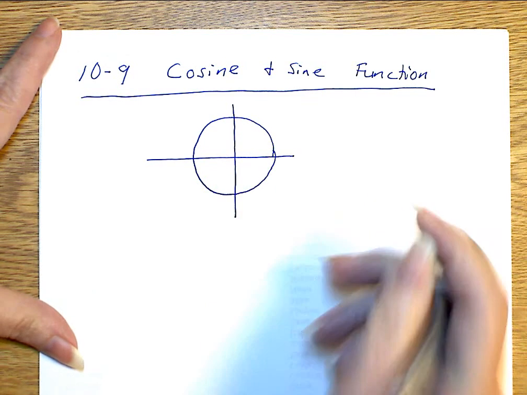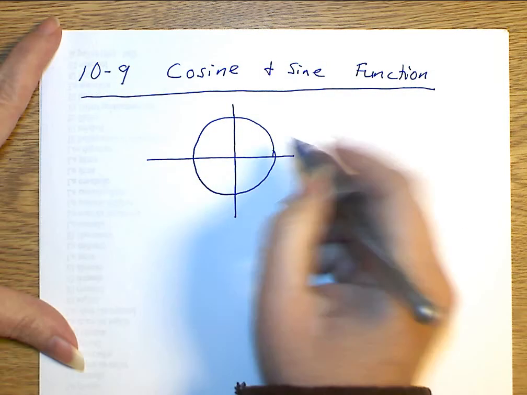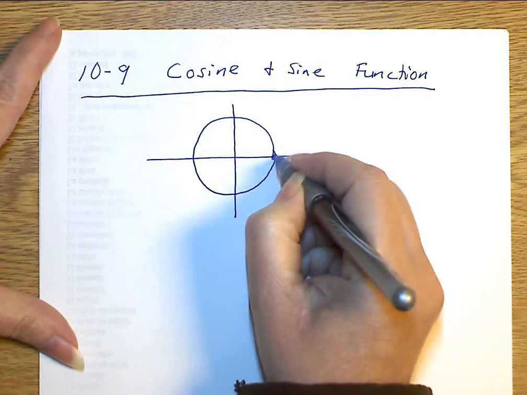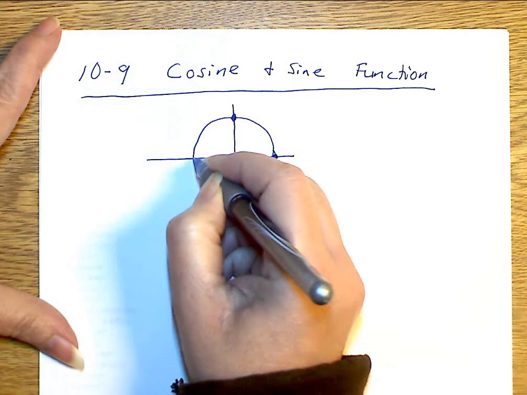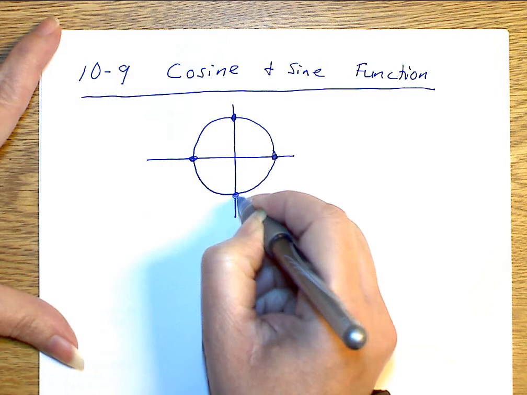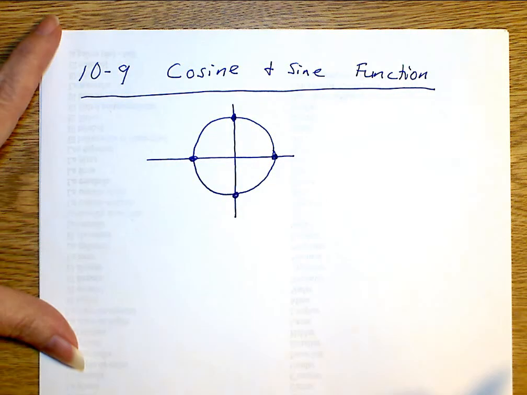And we have to put in our points for every 90 degrees, which is what we're going to put in today.